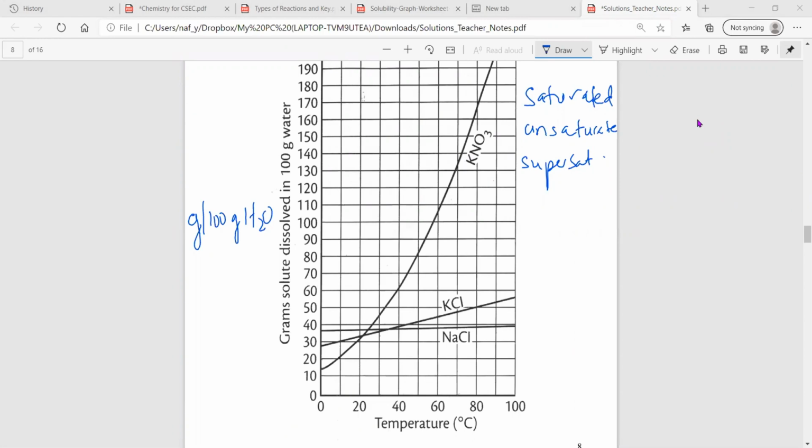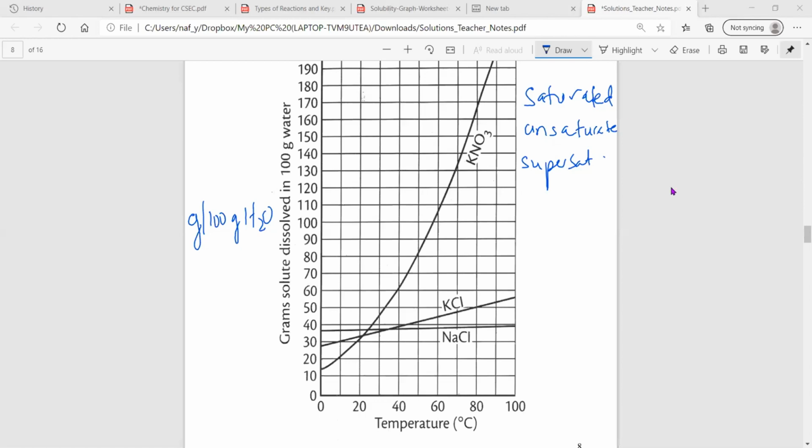My supersaturated solution is a special case where I have more than the maximum solutes dissolving in my solvent, but guess what? The condition now is that it is at a higher temperature. All right, so that is my supersaturated solution.